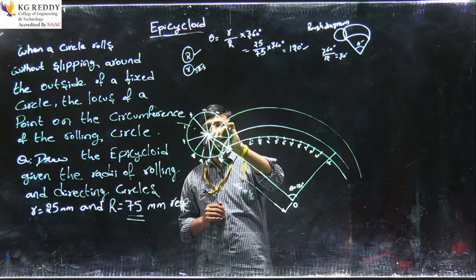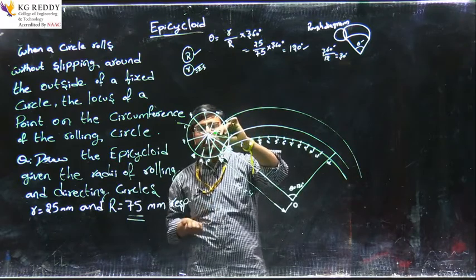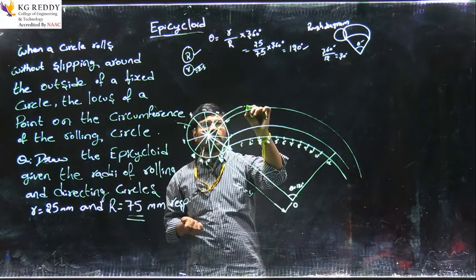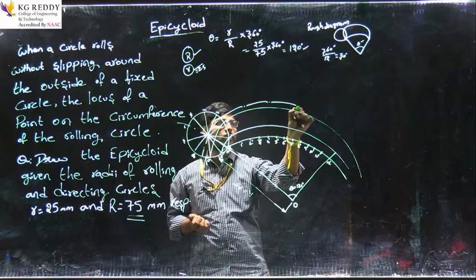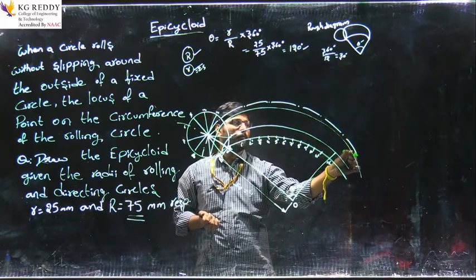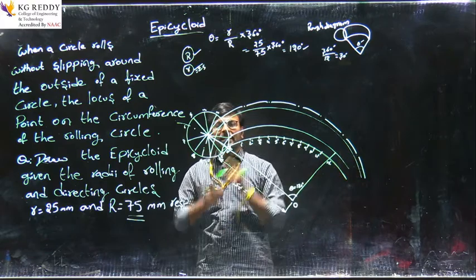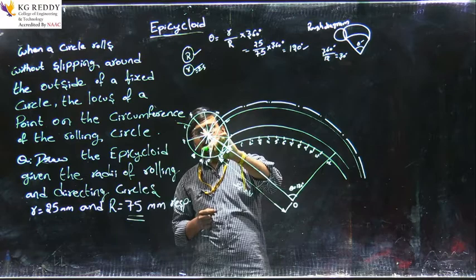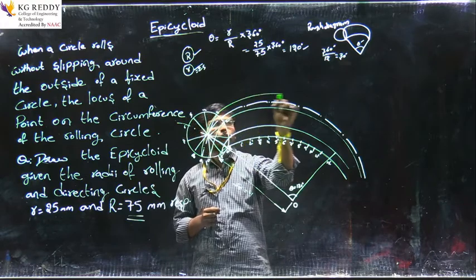And here we have a center, arc, arc, arc, like this. That is a center axis and we are trying to join 3 and 9.